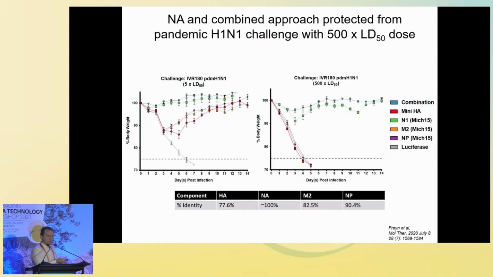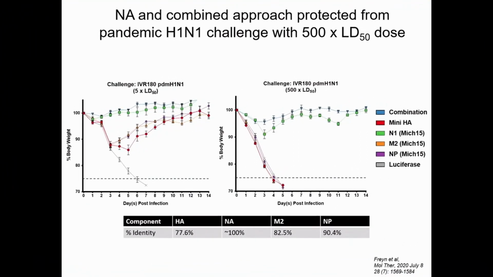So again, single immunization, challenge 4 weeks later. On the left part, you see that initially we started with the normal challenge dose, 5 times the LD50, and it turned out that every single monovalent vaccine protects, and the combination vaccine also protects animals.